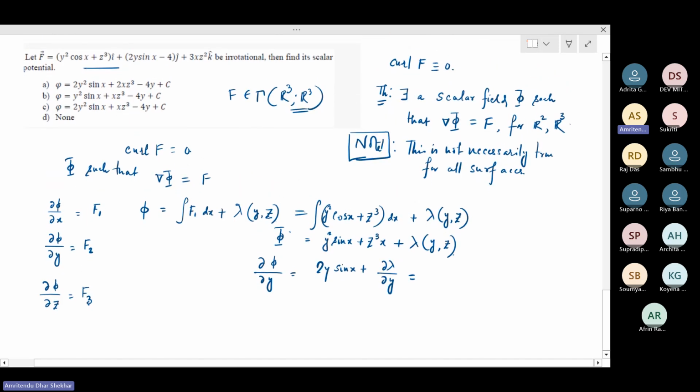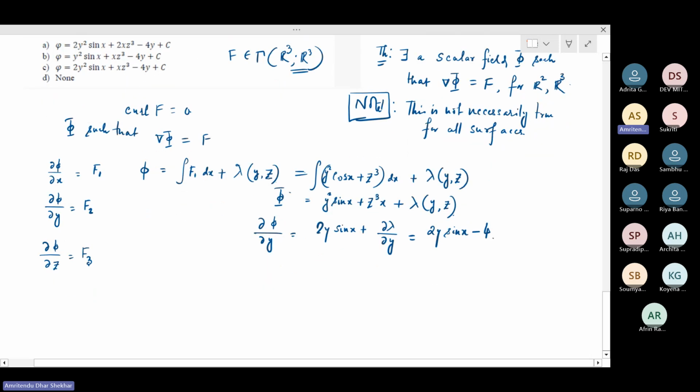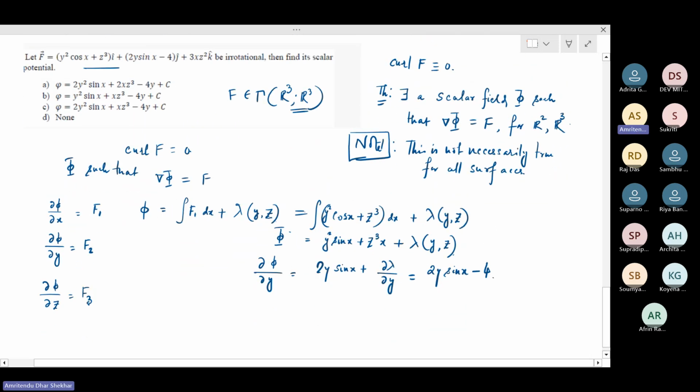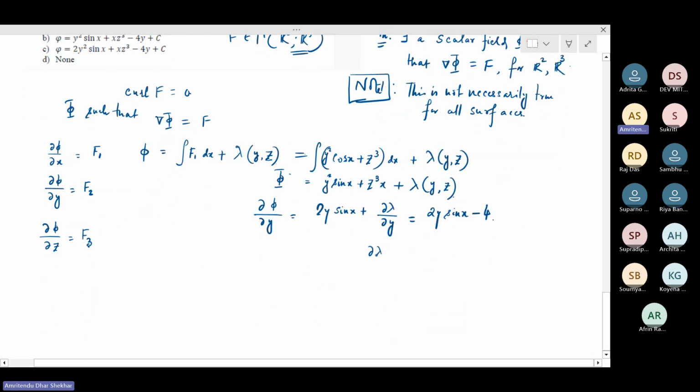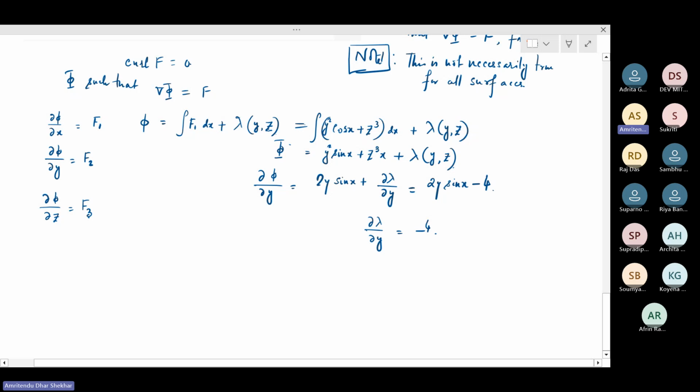F2 is 2y sine x minus 4. Of course 2y sine x gets cancelled and you get del lambda upon del y equal to minus 4.